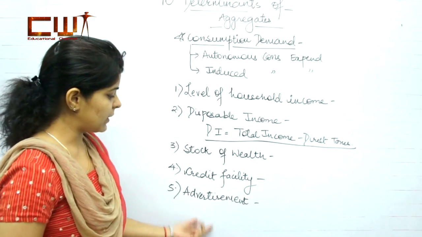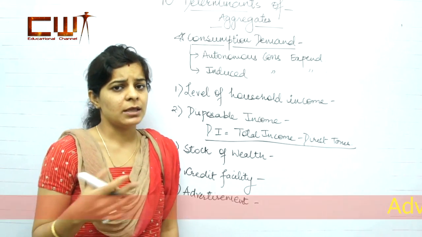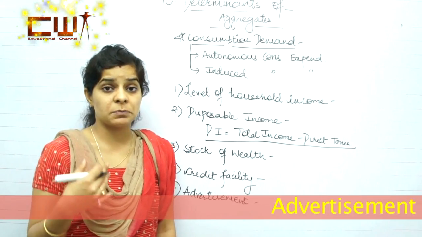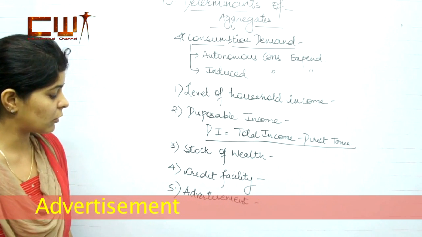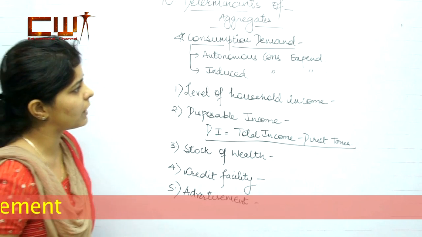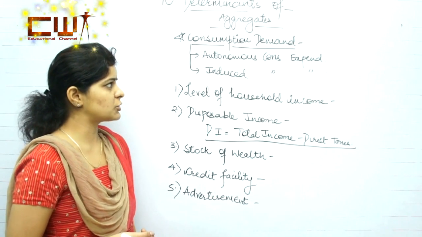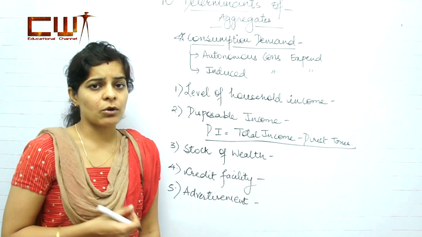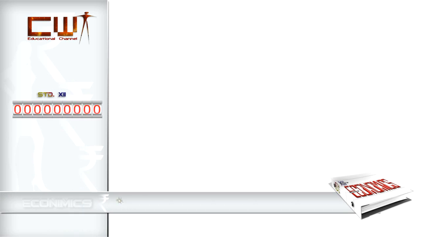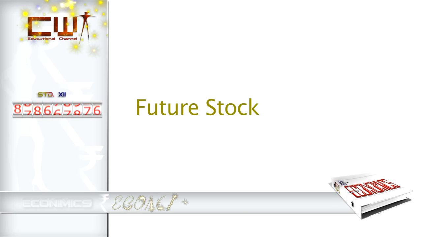So advertisement, sales promotion, discounts, coupons, premiums, whatever sales promotion techniques or good advertisement policies are followed by the companies and the production houses, the consumption demand will go up because of those good advertisements.